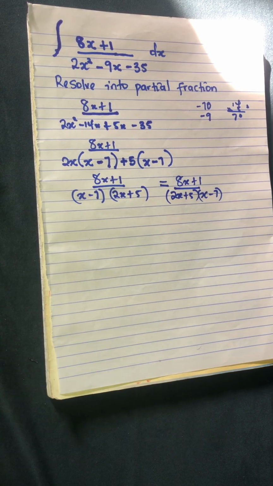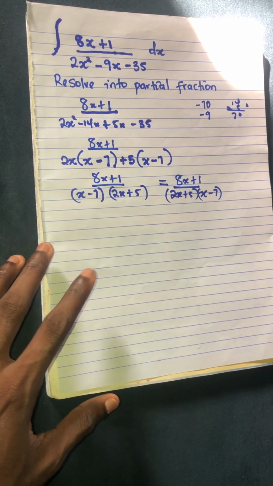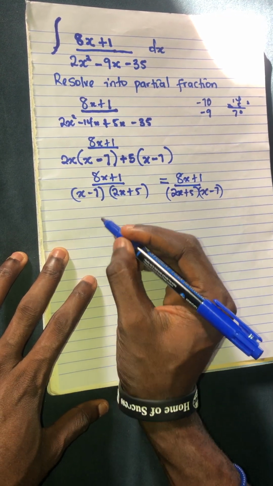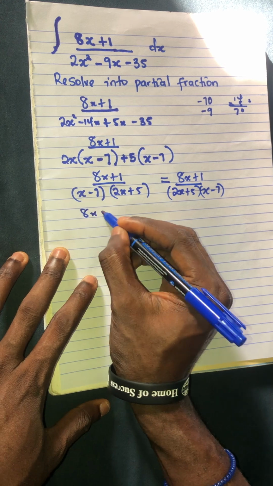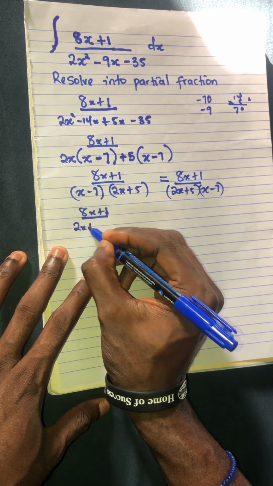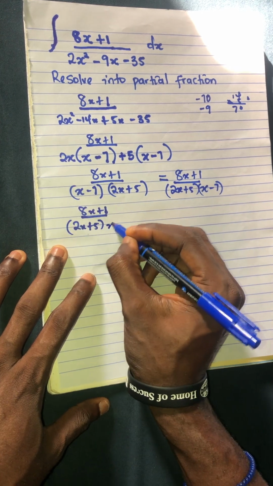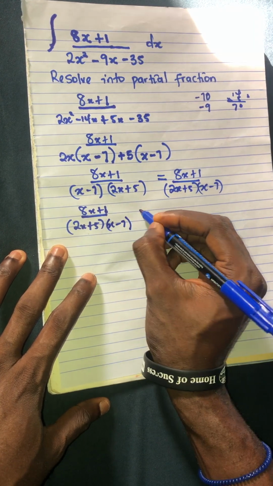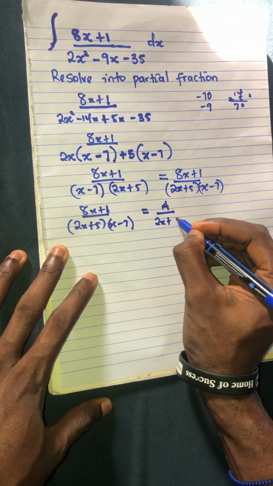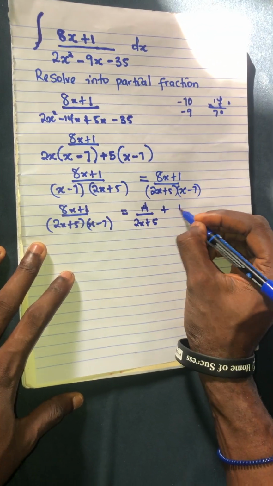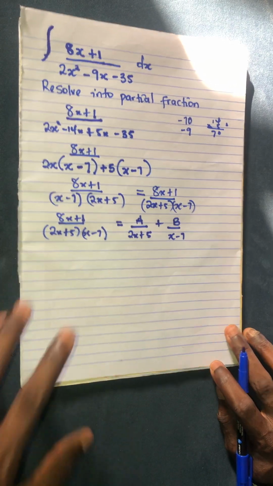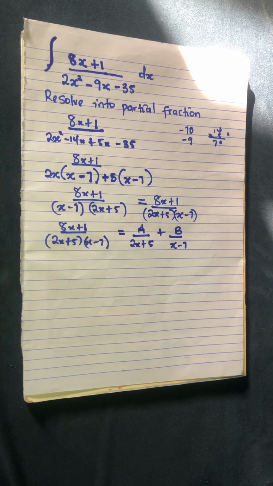So the next thing will be 8x plus 1 all over this same bracket of 2x plus 5 and x minus 7, which should be equal to A all over 2x plus 5 plus B all over x minus 7. That's what it means for resolving into partial fractions.